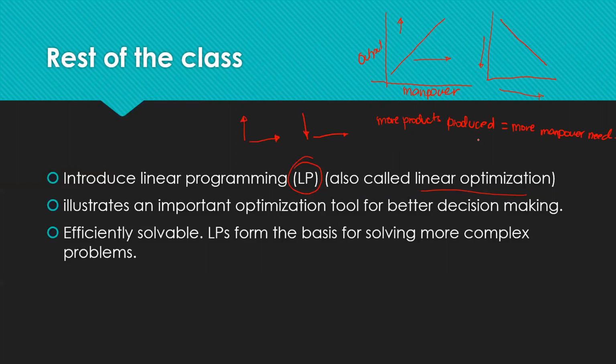More products produced would result to more manpower needed, to more man hours. Ibig sabihin ng man hours, labor time, more cost. Pwede rin siyang more revenue or more sales. Okay? And then, at the same time, more cost.